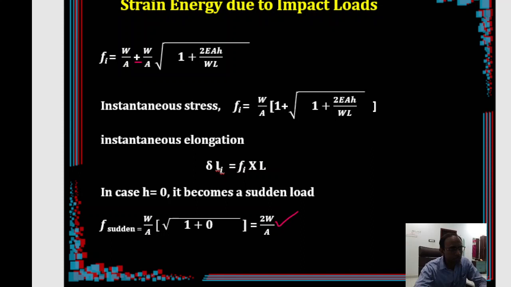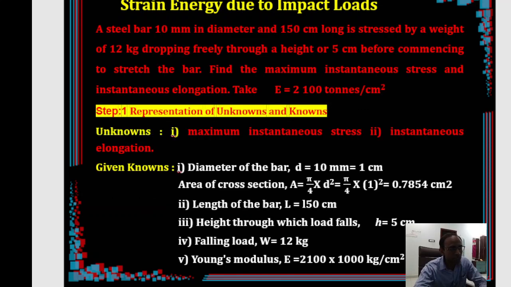Okay, let's look at a numerical example to get a better picture of the calculation of the stress development due to impact loads. Here is a steel bar, 10 mm diameter, 150 centimeters long, stressed by a weight of 12 kgs, dropping quickly through a height of 5 centimeters before commencing to stretch the bar. Find the maximum instantaneous stress and the instantaneous elongation.